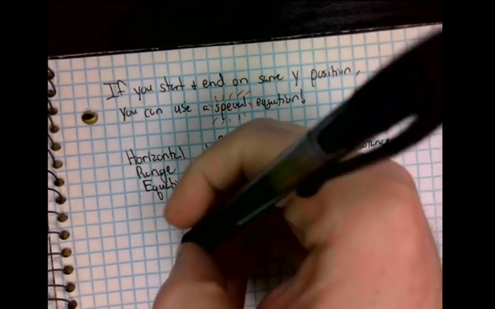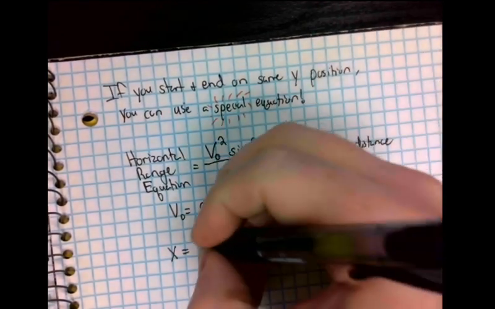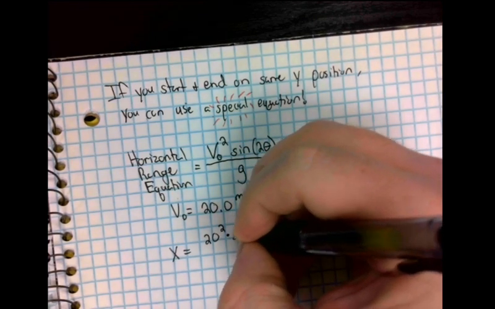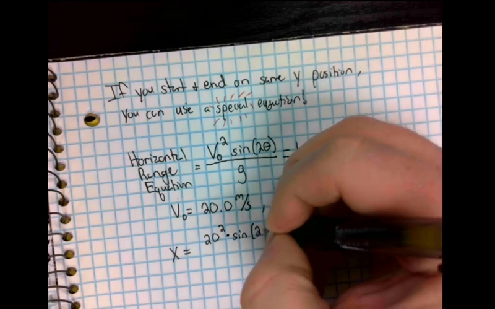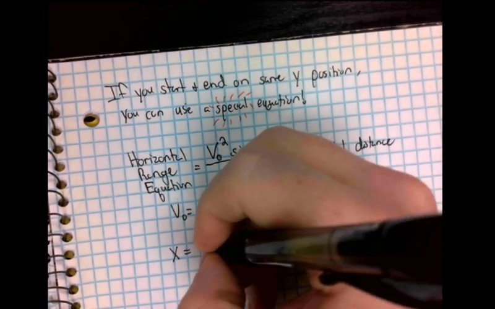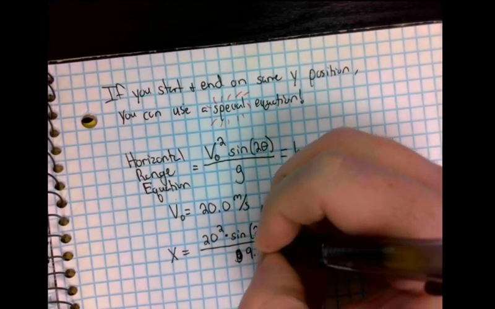If we plug all of that in, our x distance is equal to 20 squared times sine 2 times 37, over gravity, or over 9.8.